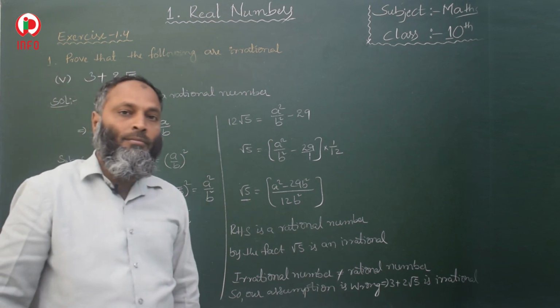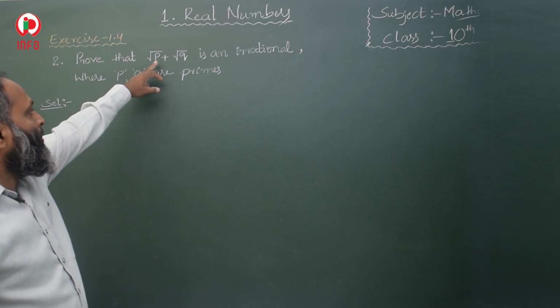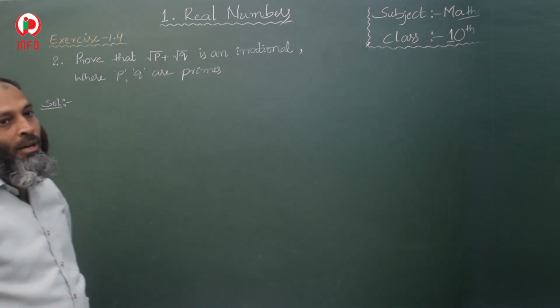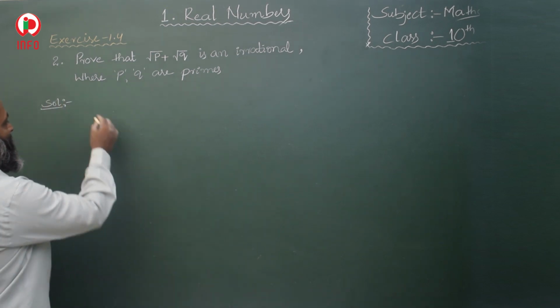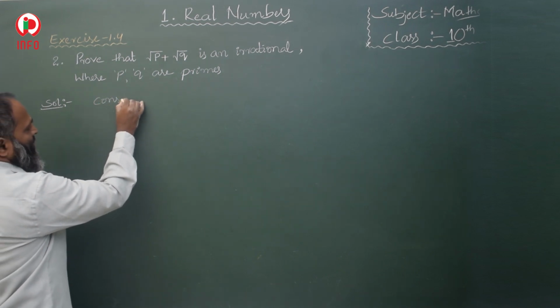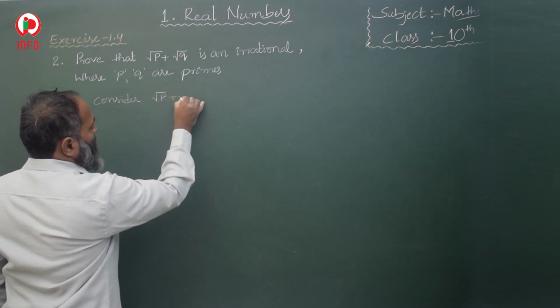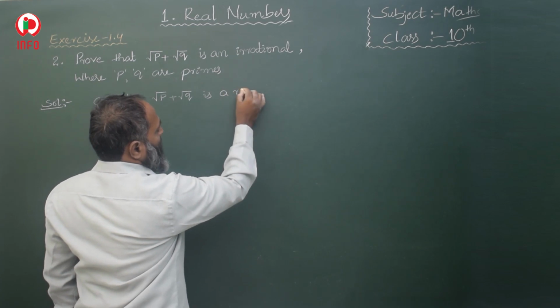Okay. Now the next one: prove that root p plus root q is an irrational number, where p and q are prime numbers. Irrational numbers means first we should consider root p plus root q is a rational number.